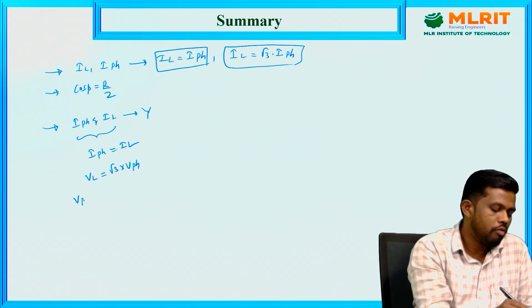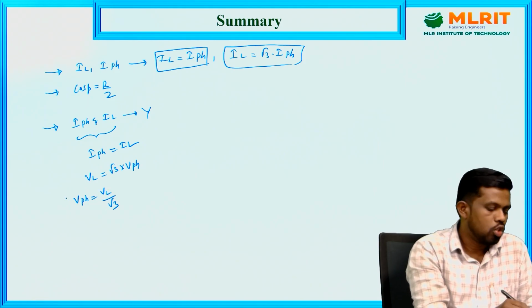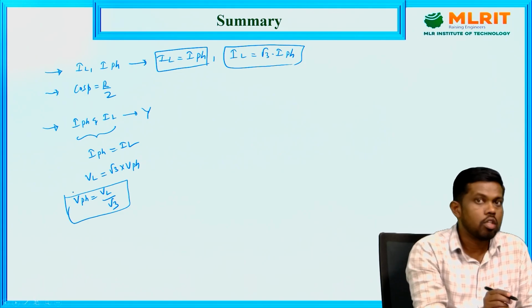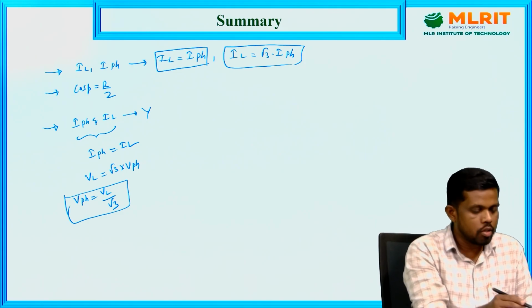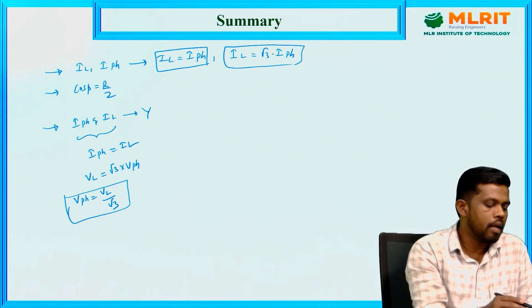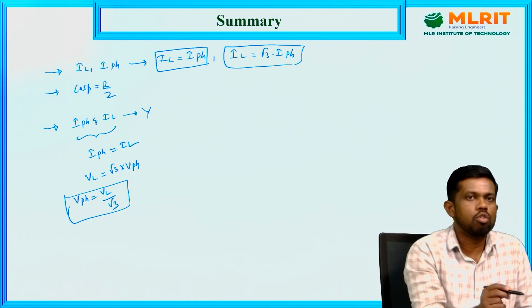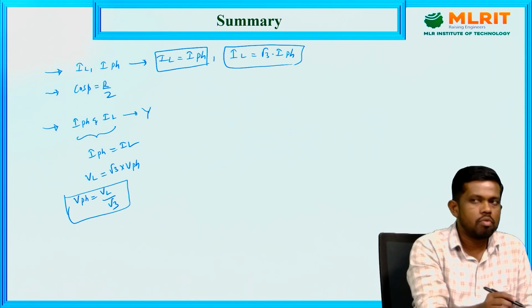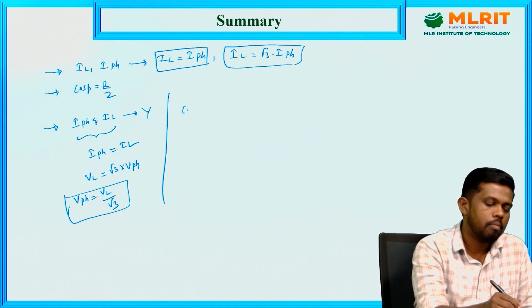So the phase voltage equals VL upon root 3. We derived this in the last session. Based on these formulas, we calculated the line and phase voltage and also the phase and line current.